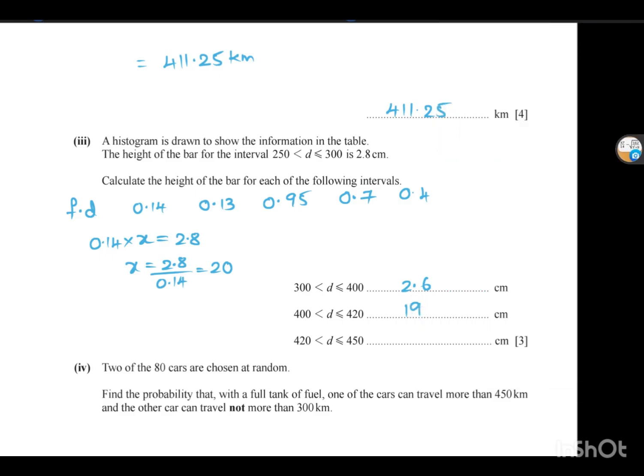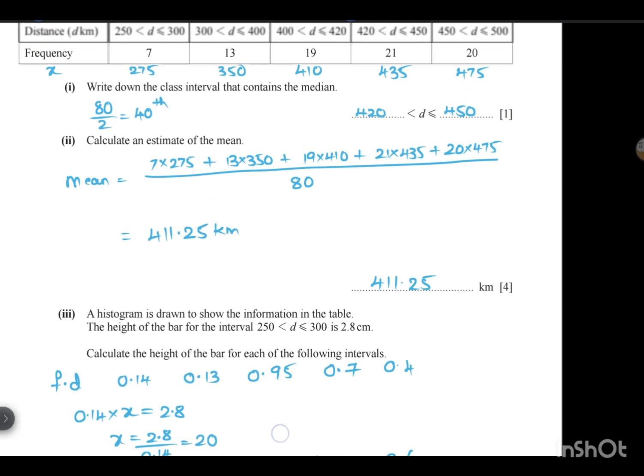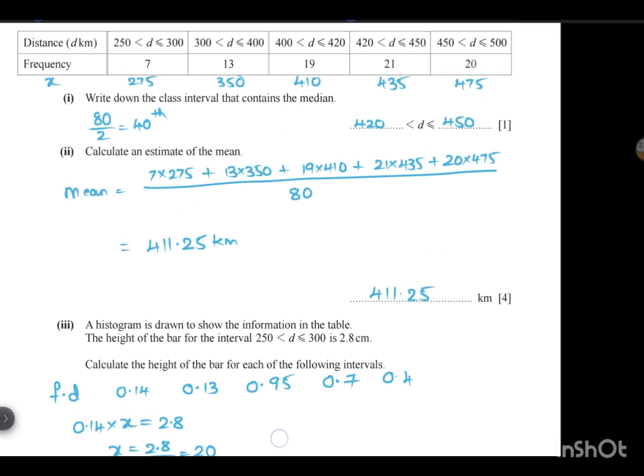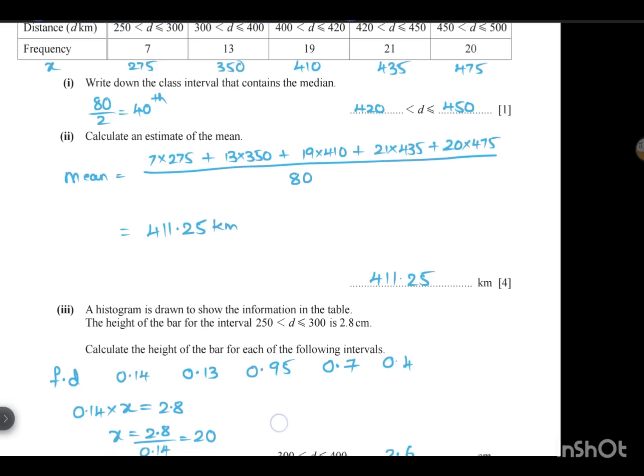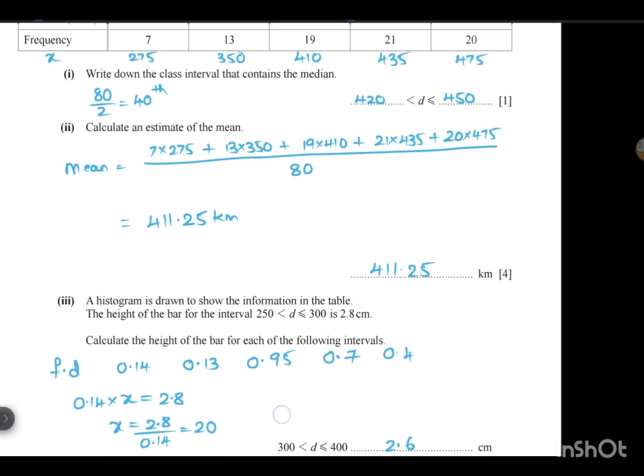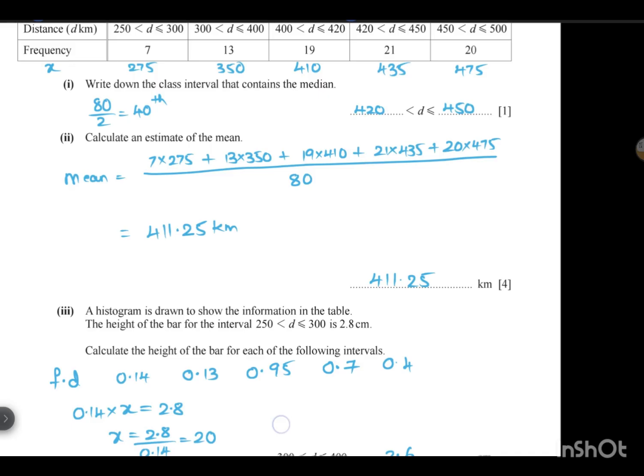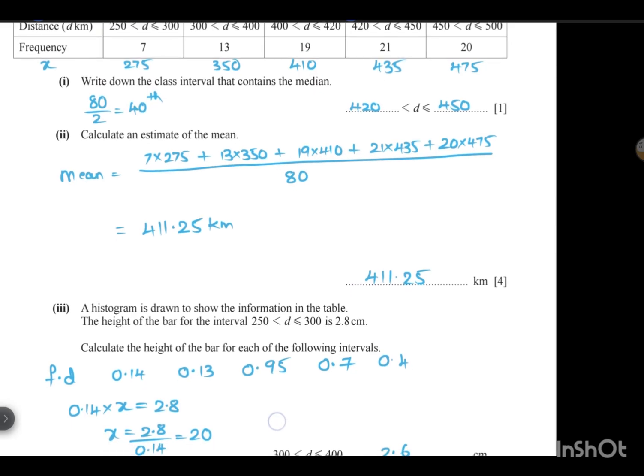It's 19 here. 300 to 400, and 400 to 420, 420 to 450. We want up to only 420 to 450. So 0.13 into, 0.95 into, and 0.7 into, and 0.4 into.